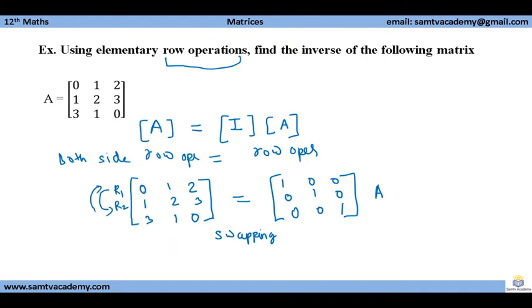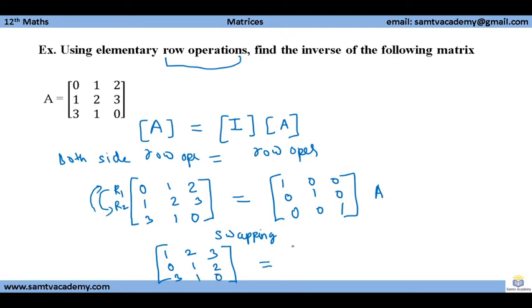By this we will get the first element 1. Our first aim is that in the diagonal the first element is 1. So what will the matrix become? It will become 1 2 3, 0 1 2, 3 1 0.